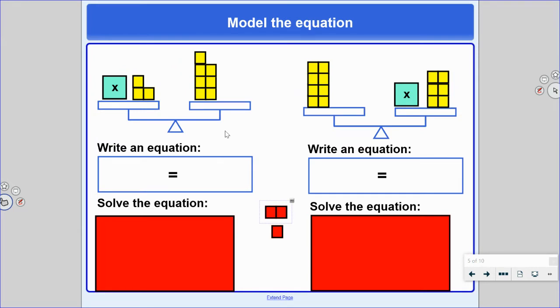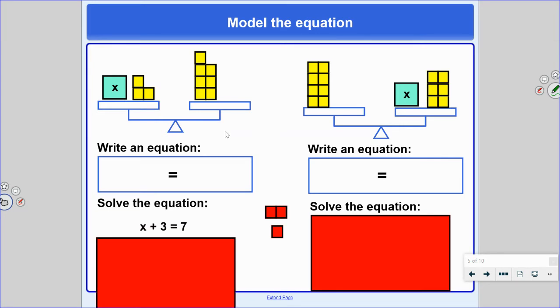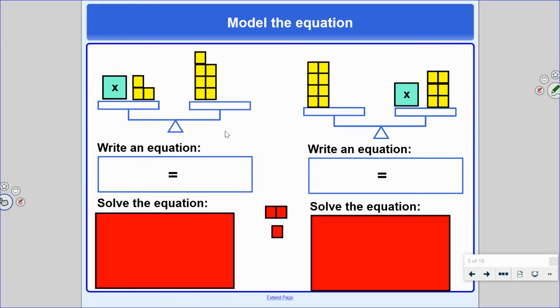Let's do this a couple more times. First, we're going to take a look at each visual, and we're going to write an equation. Now, oftentimes, I will write pluses or minuses. For today, I think I'll use the red boxes. So what do we have on this side?